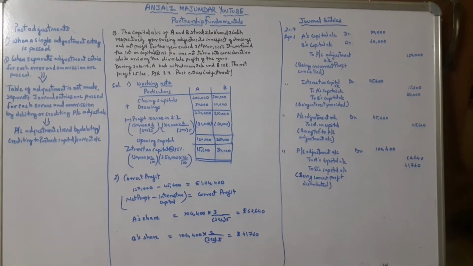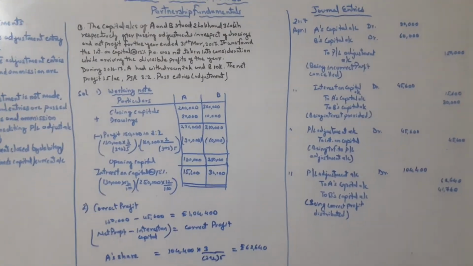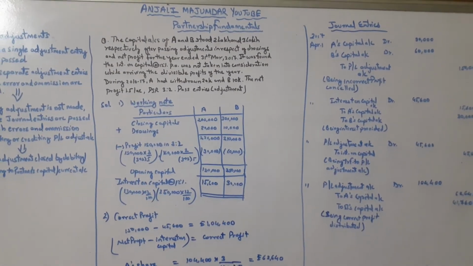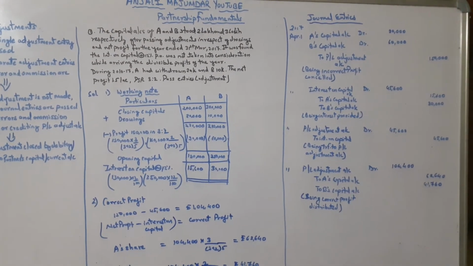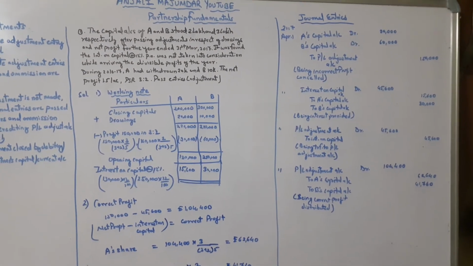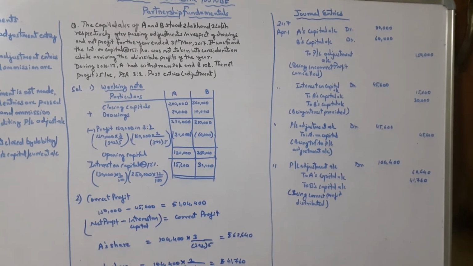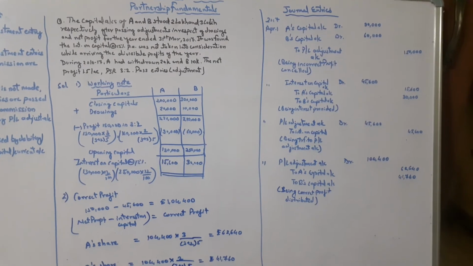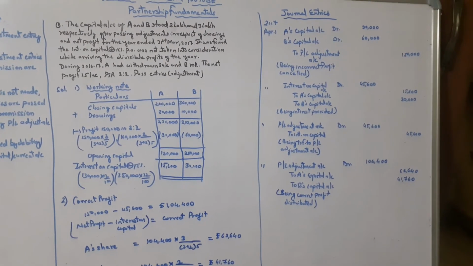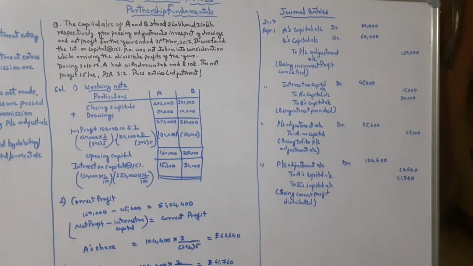Now let's look into the journal entries. The date is 1st April 2017. So A's capital account debited, B's capital account debited, to P&L adjustment account. A's capital 90,000 and B's capital 60,000 to P&L adjustment account. This 90,000 and 60,000 is the incorrect profit which is cancelled.